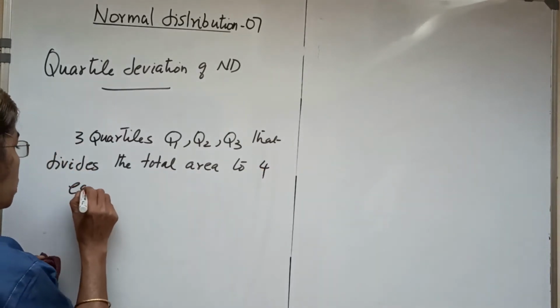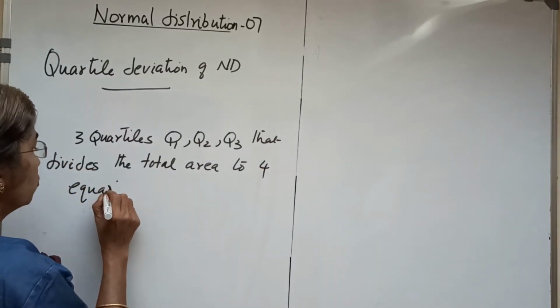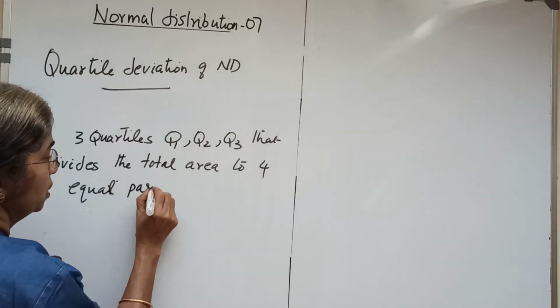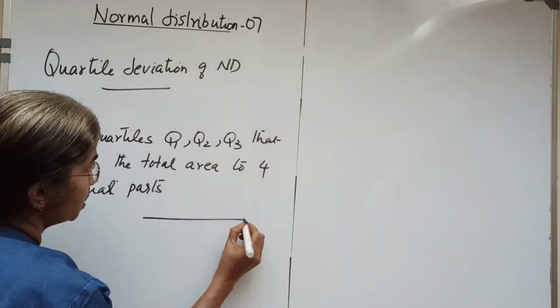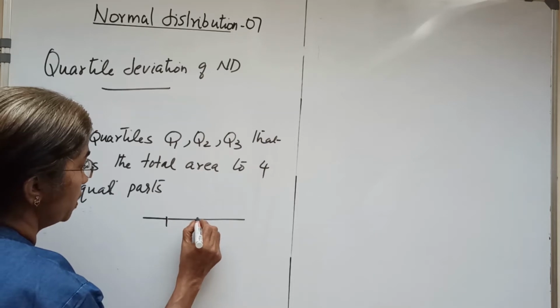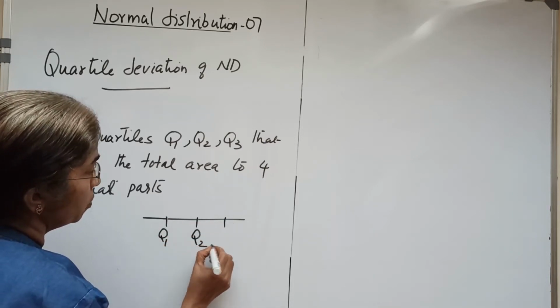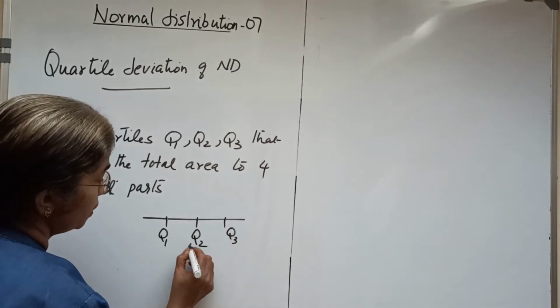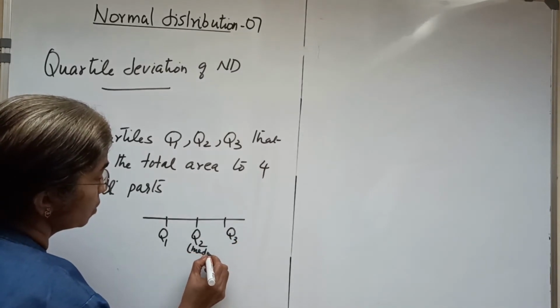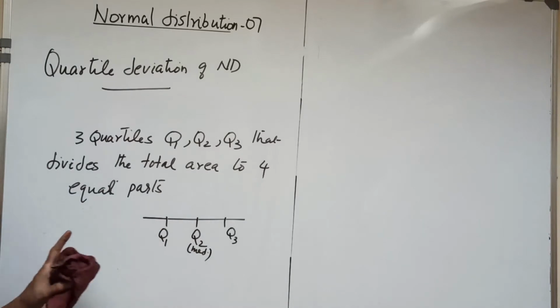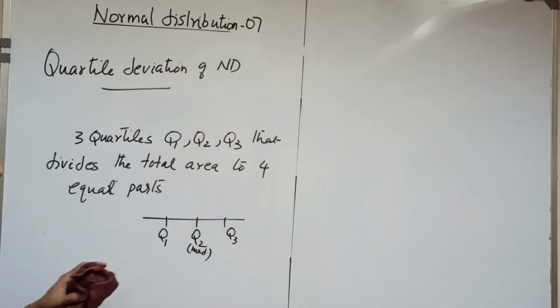We know Q2 as the median, which divides the total area into 2 equal parts.